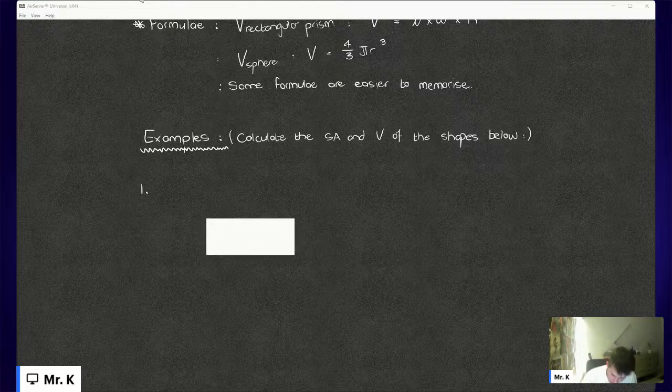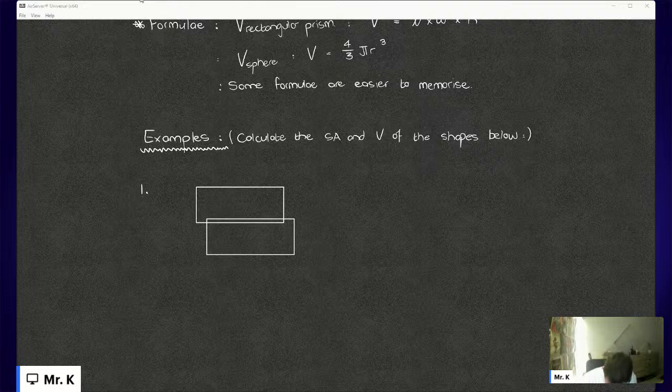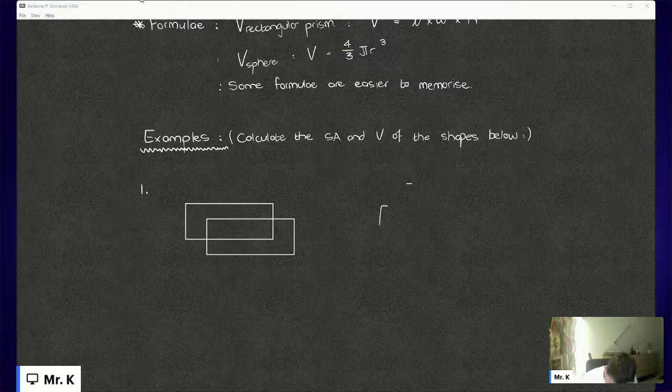Right, if you guys can copy these shapes down, I would strongly suggest that you do so, but it's completely up to you guys. Let's start with a simple rectangular prism, guys.